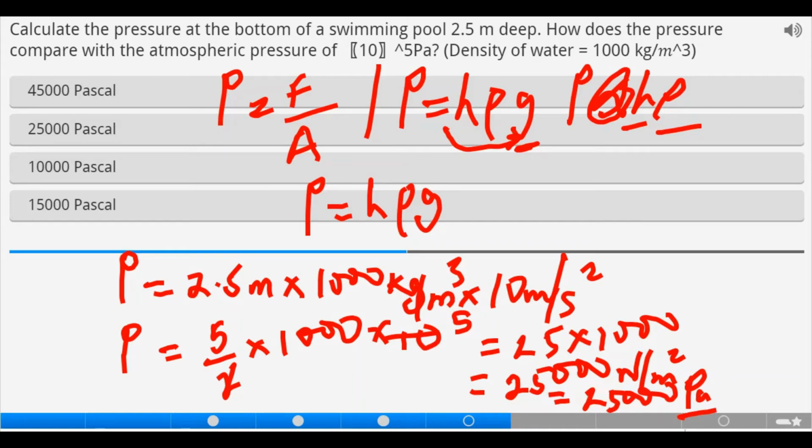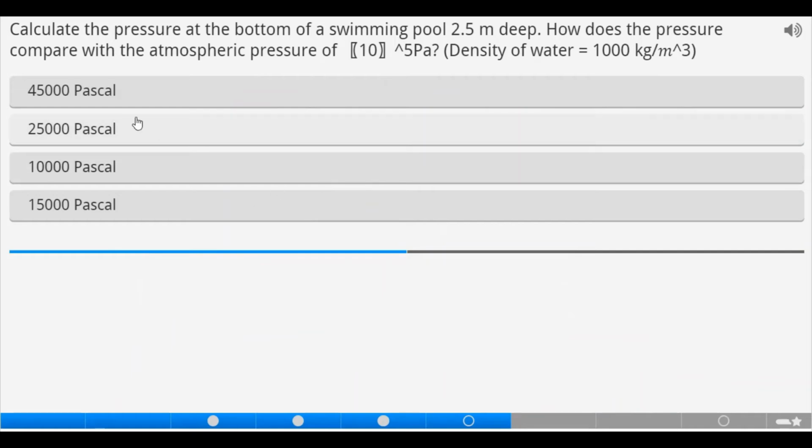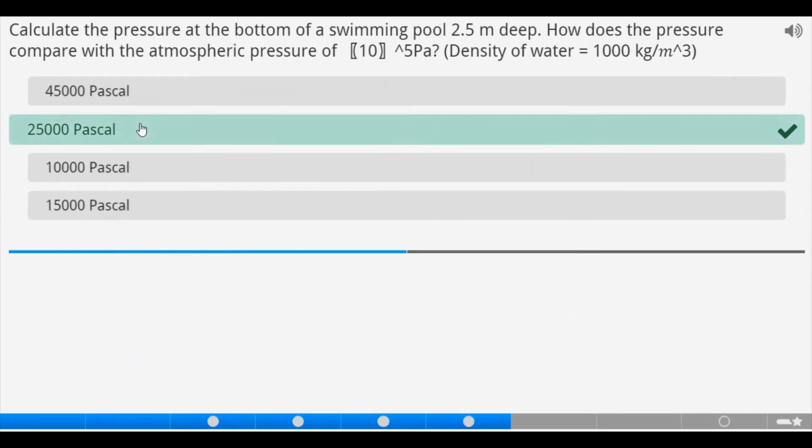Pascal is represented with Pa. So do we have 25,000 Pascal as part of the options? Yes. So let's pick it and check. That is correct. So let's move on.